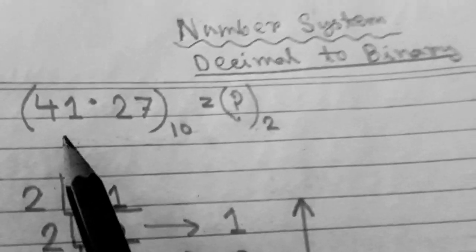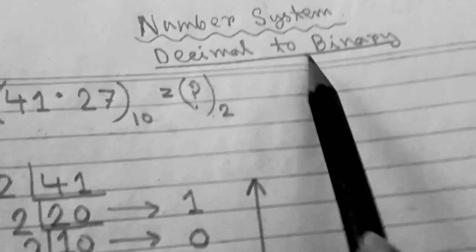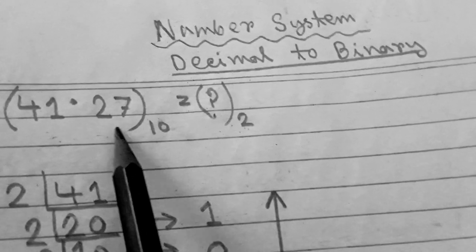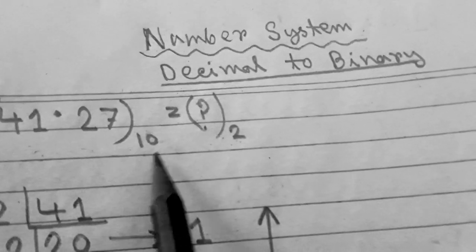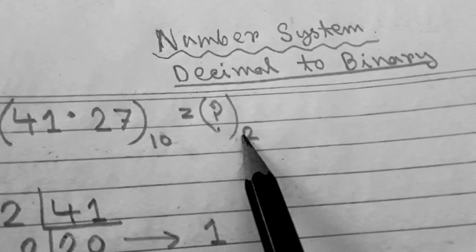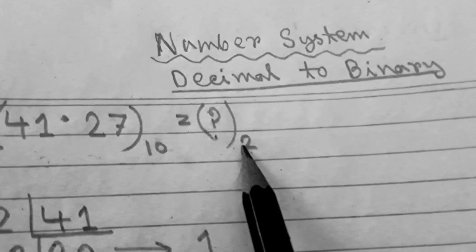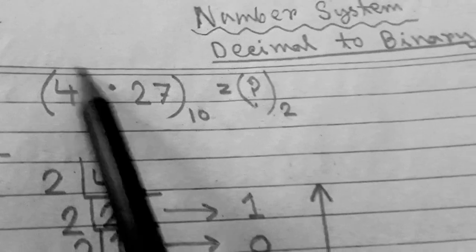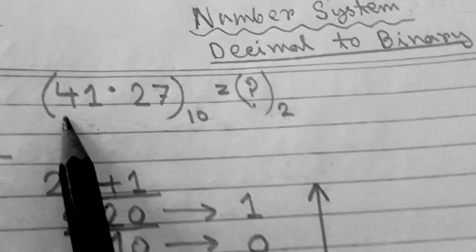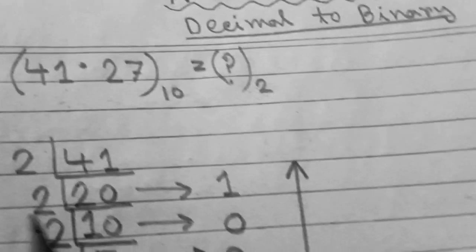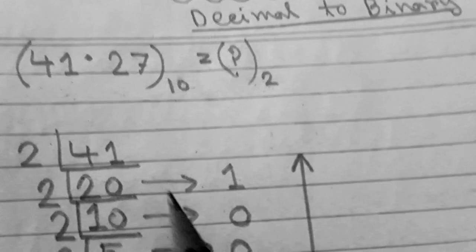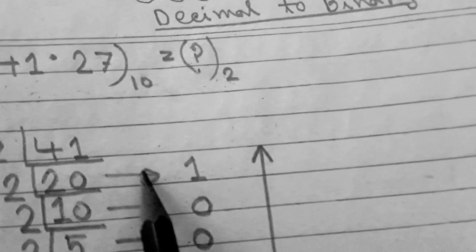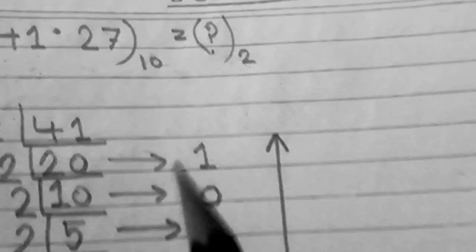Let's do a quick revision. So there is a decimal to binary conversion: 41.27, which is a decimal number and we have to convert to binary number. So first take the integral part 41 and start dividing by 2 and keep aside the remainders.